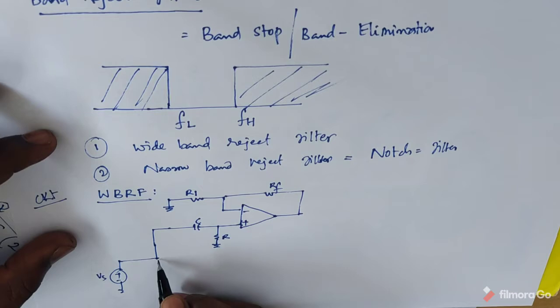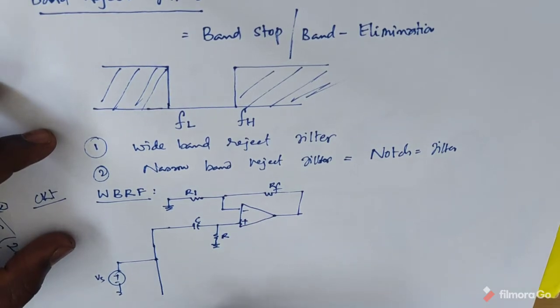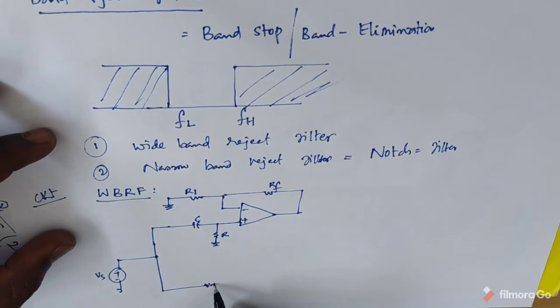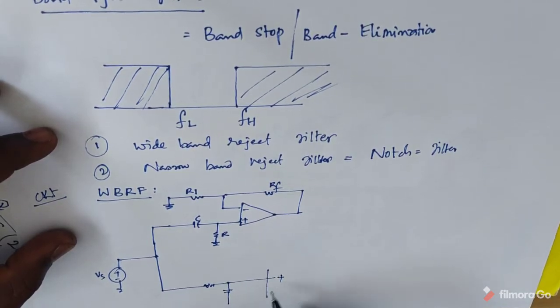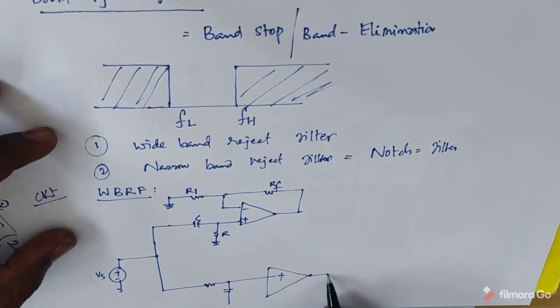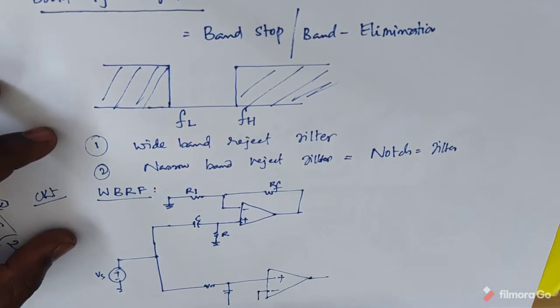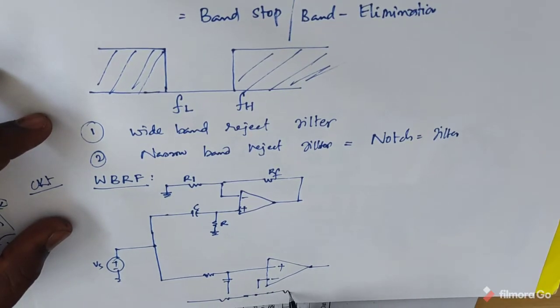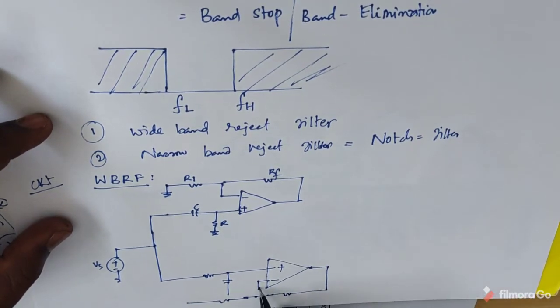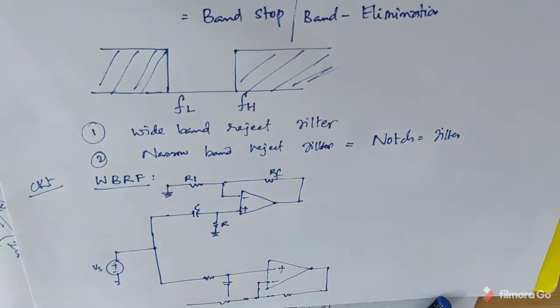Here Vs is commonly connected to both the low pass filter as well as the high pass filter. Negative, and this is connected to both feedback resistors.